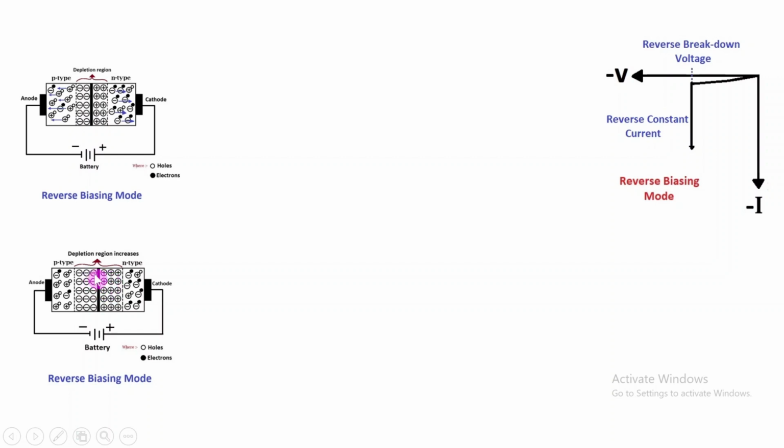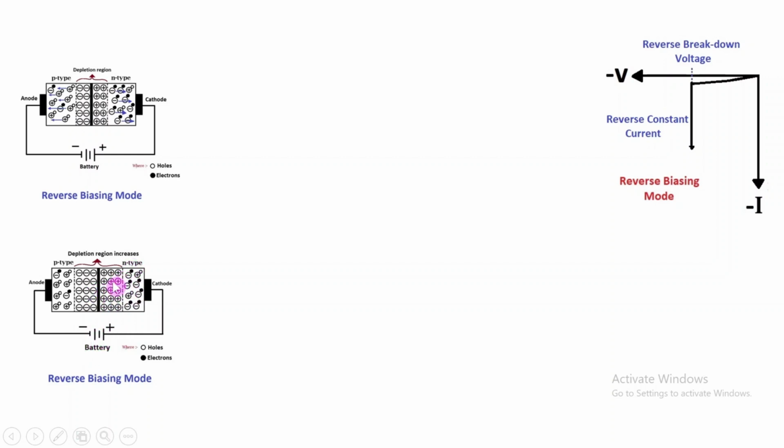So if that electric field is more here, these immobile ions are actually atoms. Those atoms also consist of other electrons. Okay, not a free electron, but it still consists of electrons. And here we have the field which is provided by the battery.